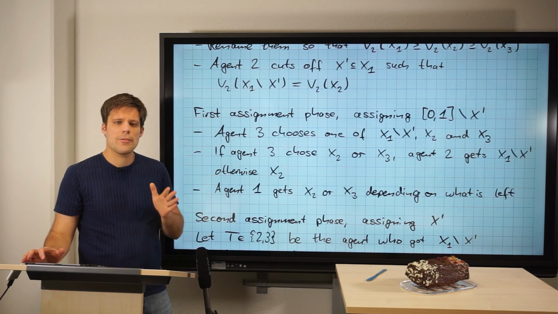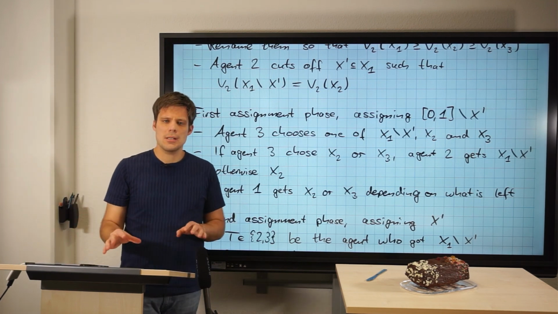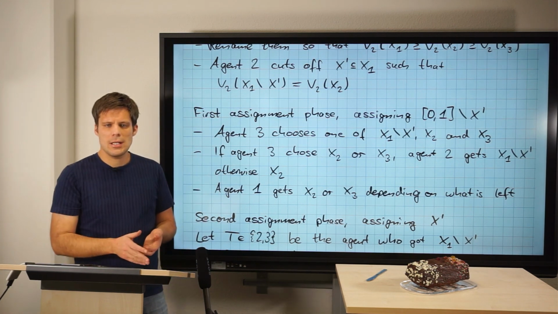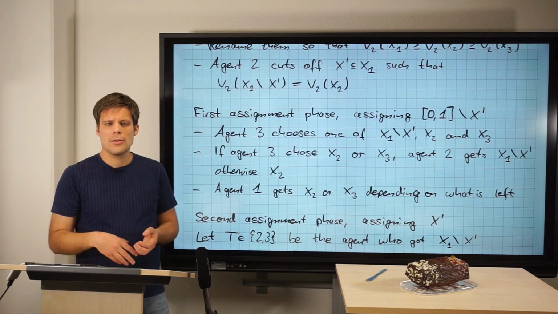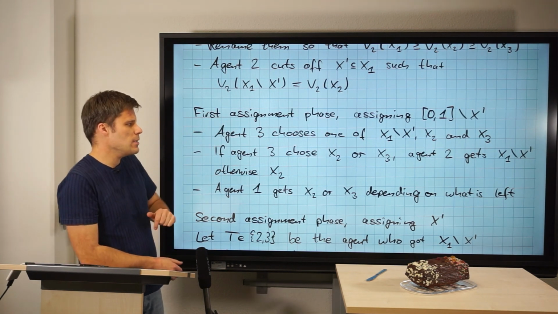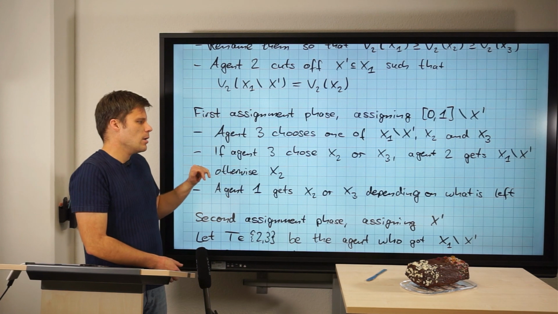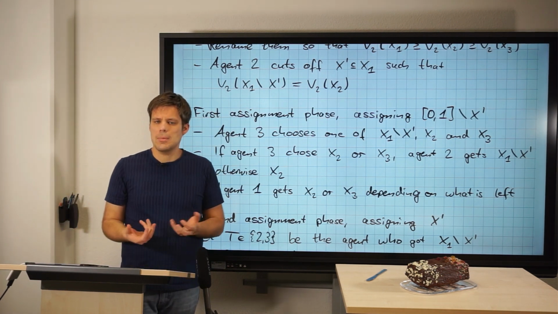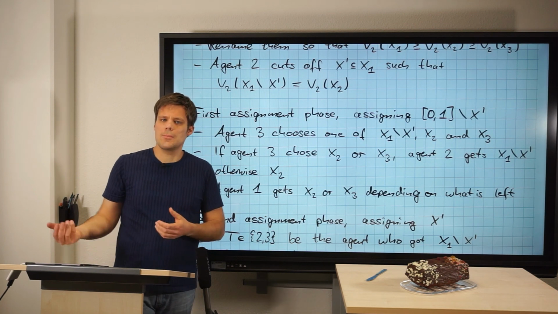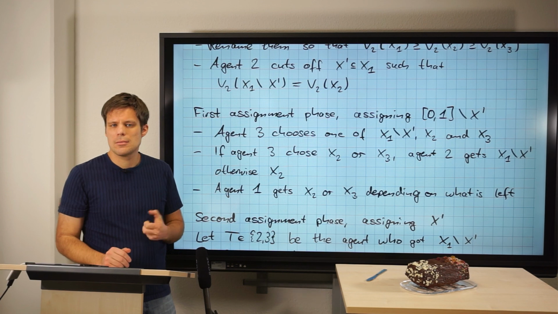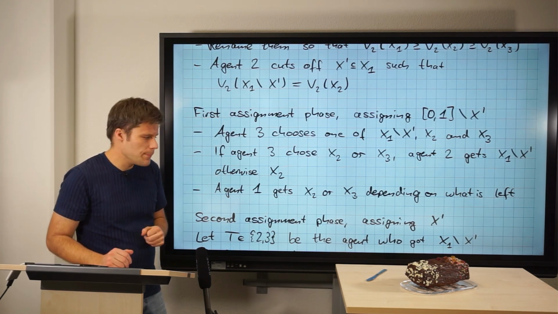We would have one agent cutting the cake into 3 pieces, another agent cutting off something and throwing it out, and then the third agent chooses one of these, and then the other 2 agents can be made happy because they chose to cut the cake so that, to some extent, they don't care.